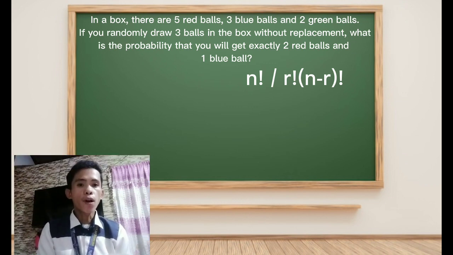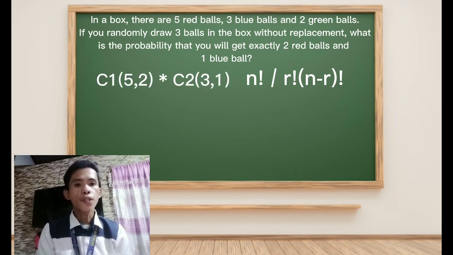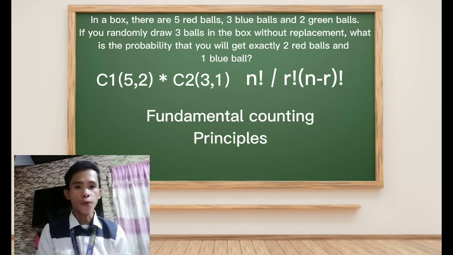The number of favorable outcomes is given by combination number 1, which is 5 and 2, and combination number 2, which is 3 and 1. To find our favorable outcomes, we need to multiply combination 1 and combination 2. This process is what we call the fundamental counting principle.